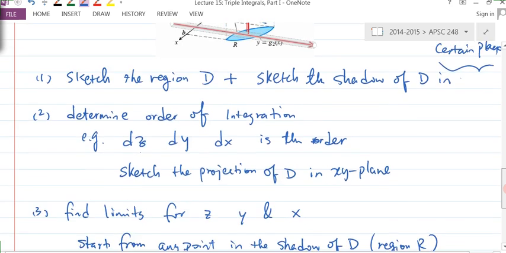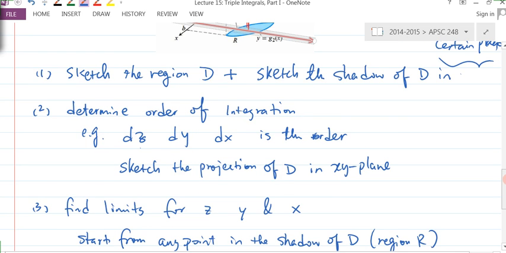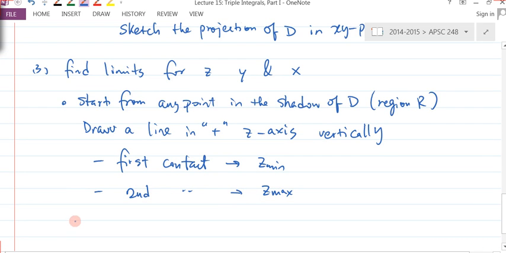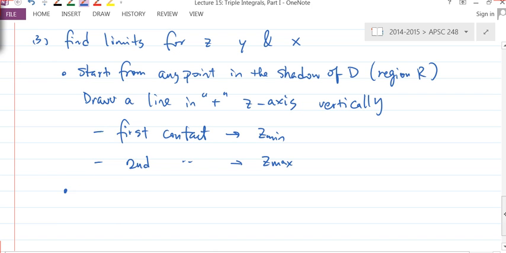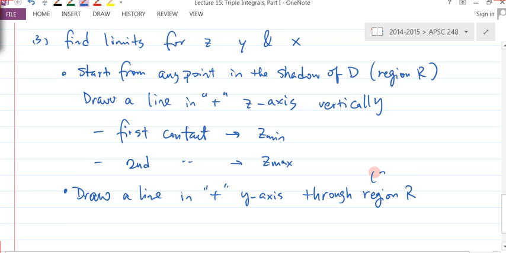So the next step is to draw a line in the positive y-axis through this region R, basically what I call the shadow of this region D in the xy plane.